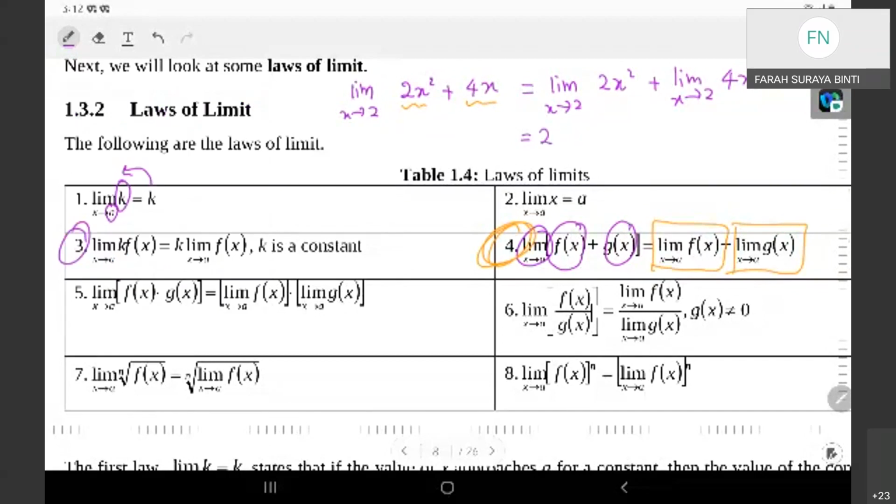So 2 according to law number 3, limit x square. Okay, and then we can also apply law number 3 for this term as well. So it will be equal to 4 kat depan, and then limit x approach 2 of x. Okay, this will happen when we apply law number 3.